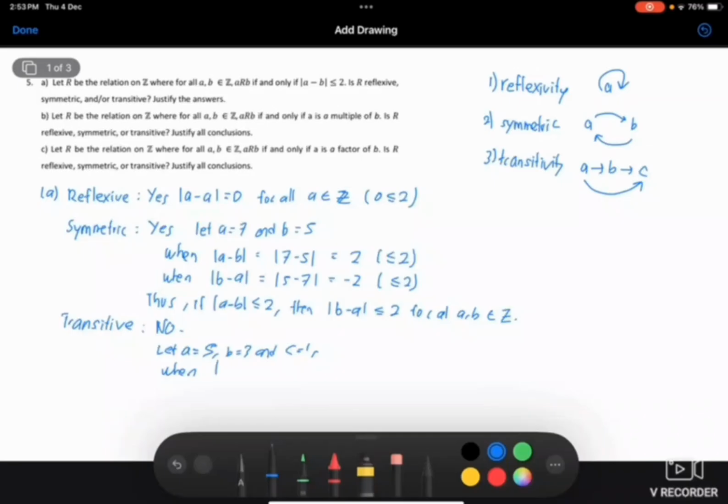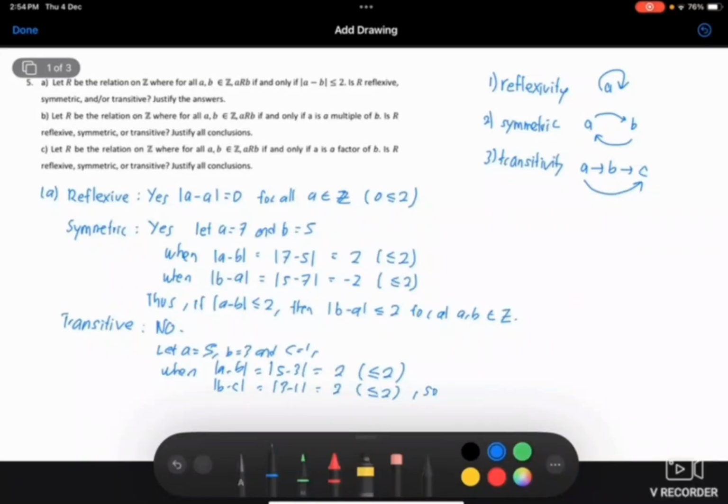So when we do A minus B, the value we obtain is less than or equal to 2, and when we do B minus C, the value we obtain is still less than or equal to 2.